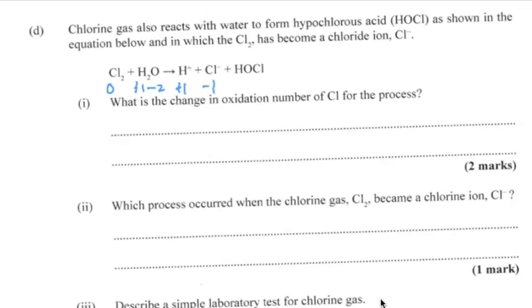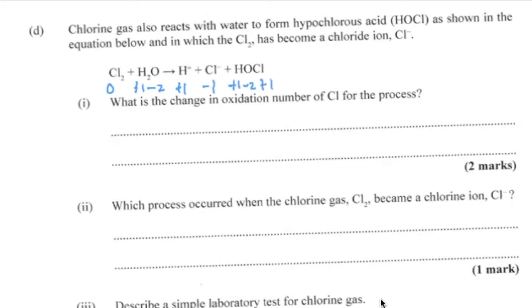Now in HOCl, let us see what we have. The H is +1. The oxygen is -2, and if the oxygen is -2, as we know, it is in a compound that's not a peroxide, it means that the chlorine here is actually +1.